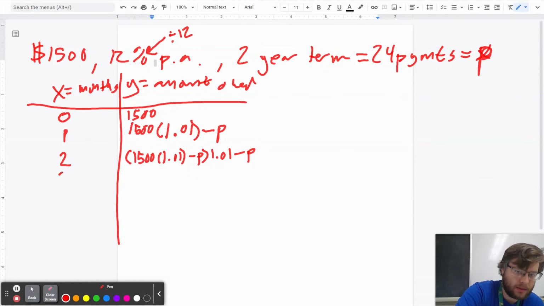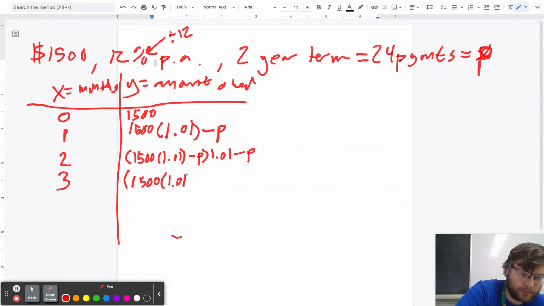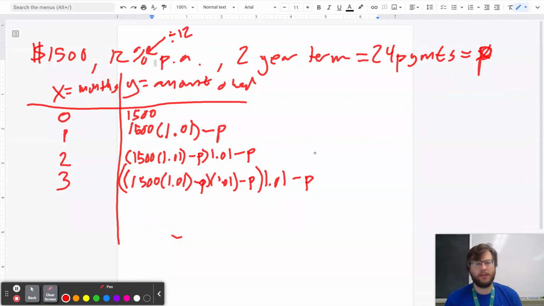Same idea for number 3: we would take everything that we had before, 1,500 times 1.01 minus P, times 1.01 minus P, times 1.01 minus P.